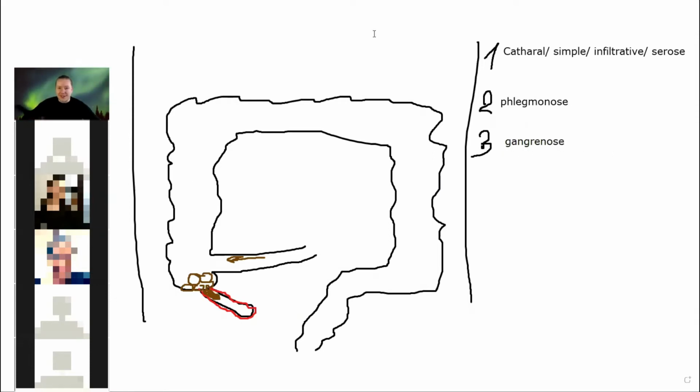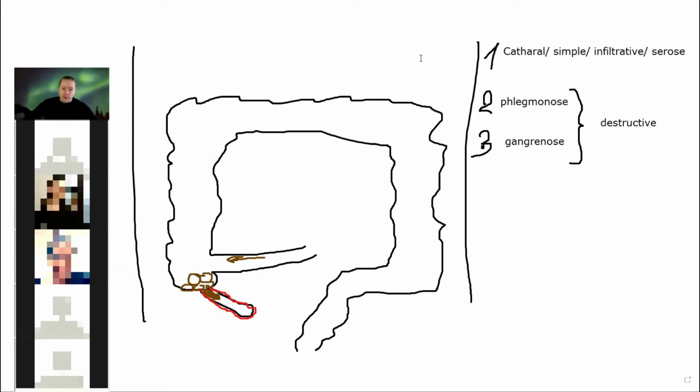The gangrenous stage, bringing gangrene. Together, some books define them as destructive appendicitis. I do not like when books say there are only two stages, like catarrhal and destructive, or simple and destructive. I prefer the three-stage version because it's more detailed and matches the histological examination.